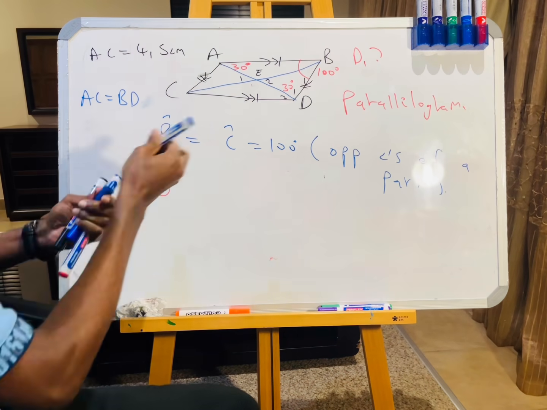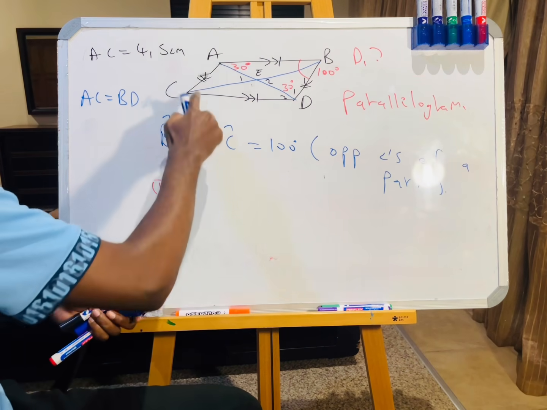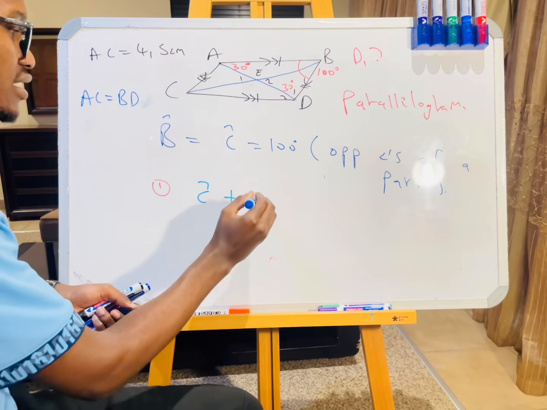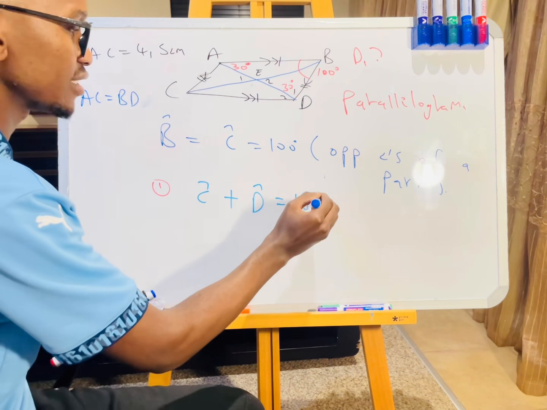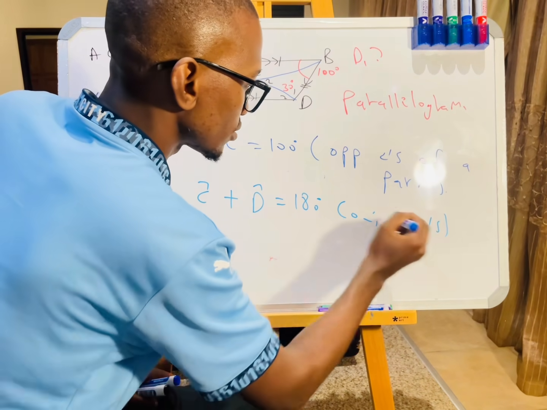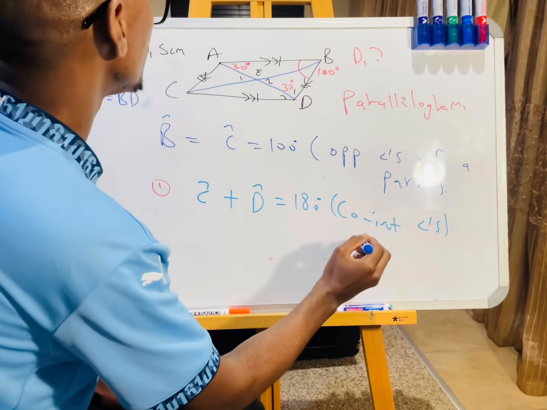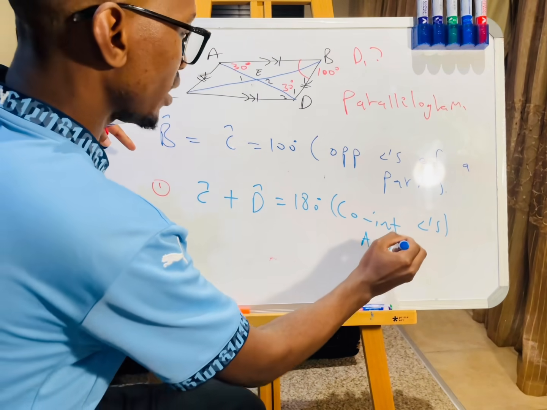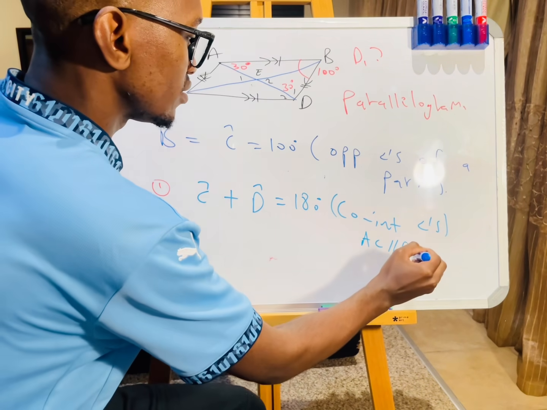So remember this guy already is 100 degrees, right? So I'm going to say angle C plus angle D equals 180 degrees. They are co-interior angles, as AC is parallel to BD.